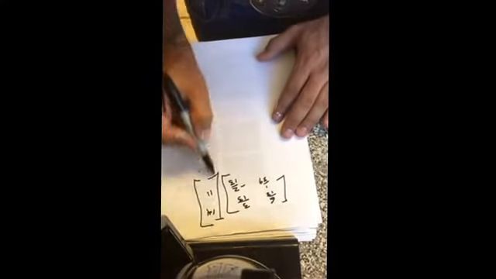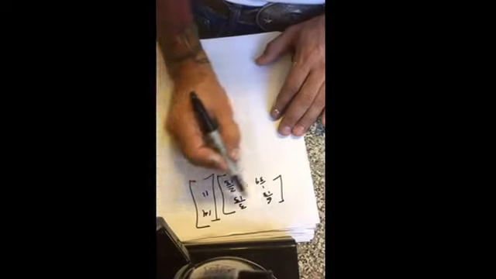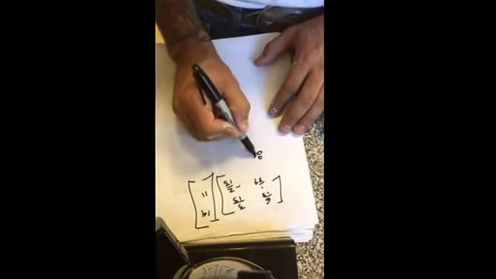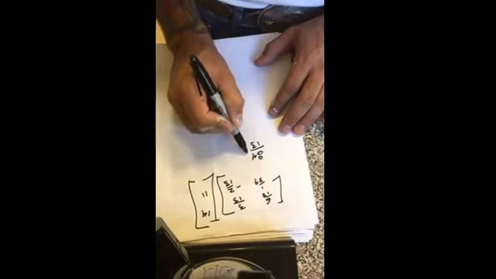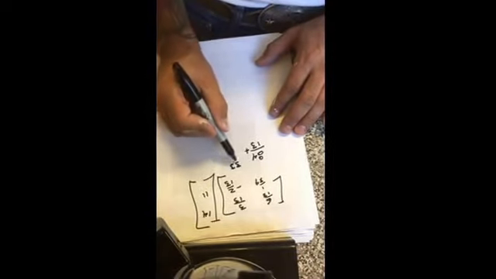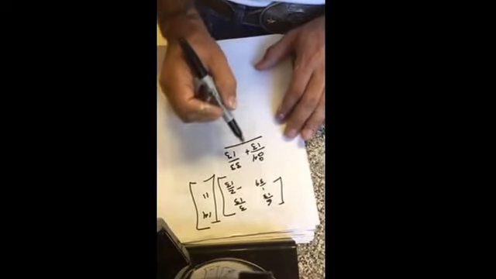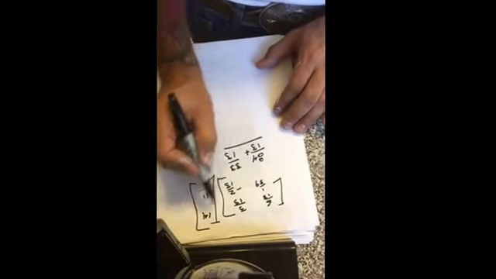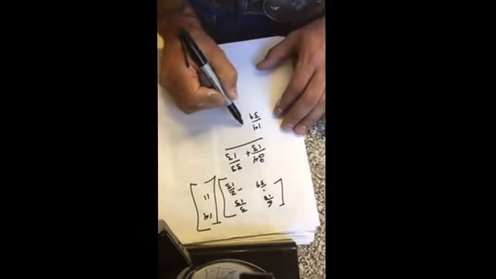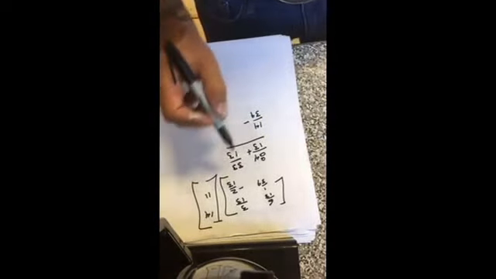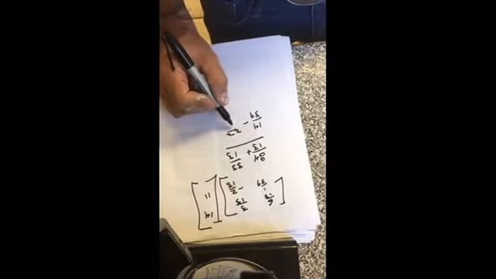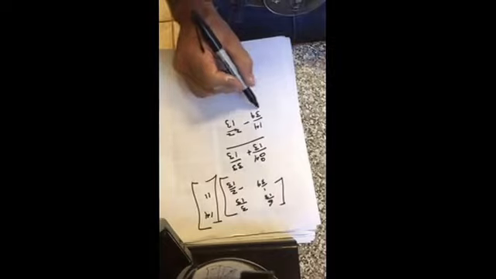I do this row times this column, so that's going to give me 84 over 13 plus this, which is going to be 33 over 13. That's one spot. Then this row times this column, 39 minus, because it's negative, that's the other spot.